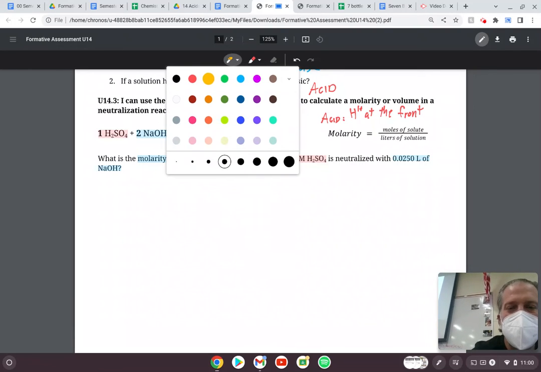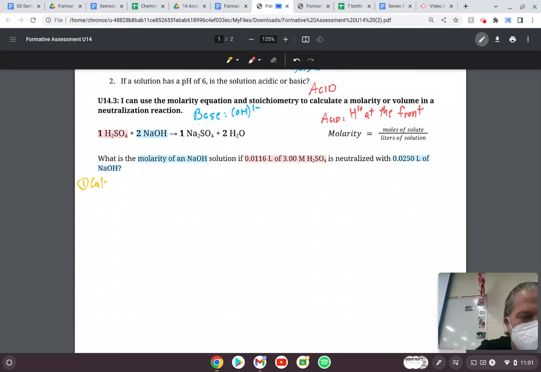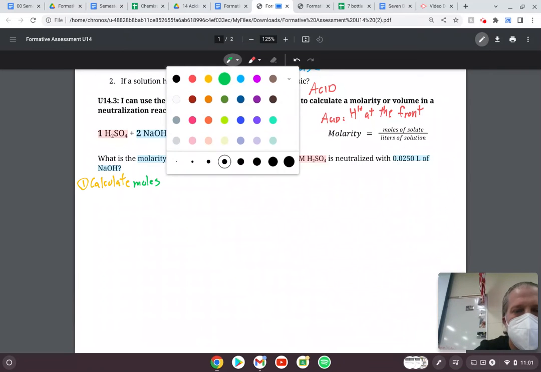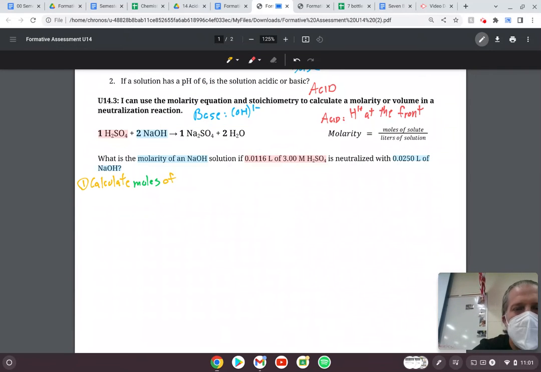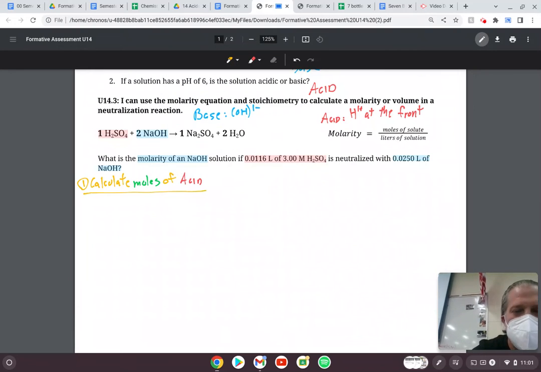So the first thing that you have to do in this process, which is a 3-step process, is, because you've been given the most information about your acid, to calculate moles of acid. So step 1 is to calculate moles of acid. We're going to do that using the molarity equation, which is up above there.